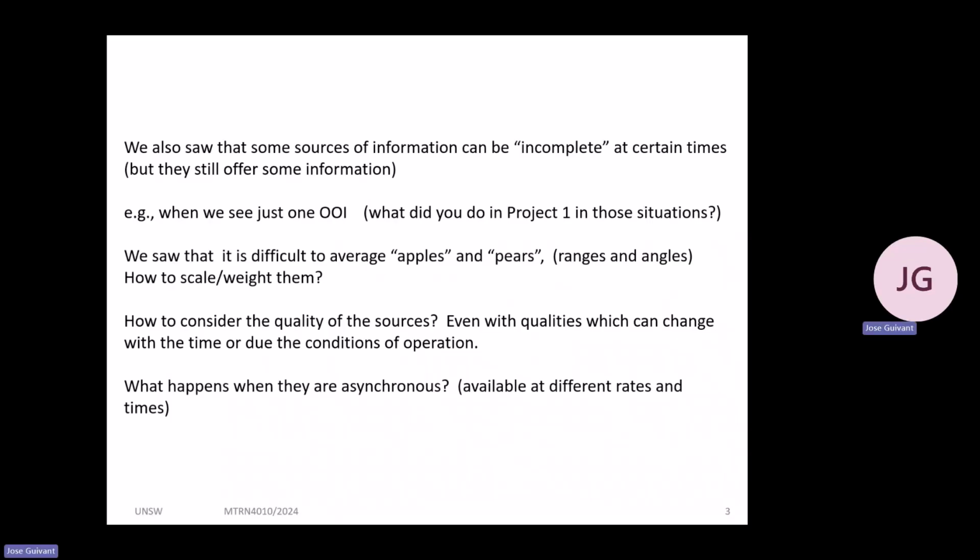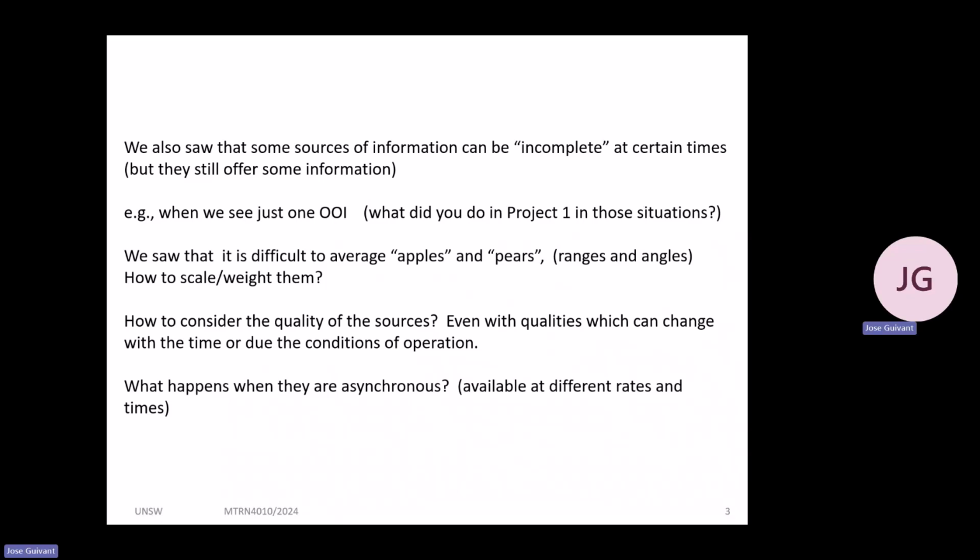And I also mentioned that each source of information is usually incomplete. They don't allow us to infer what we want to infer, the state of the system. So you measure a certain object of interest in your local coordinate frame because you are processing the LiDAR scan. So that information is not enough to tell you what is your position and your orientation.